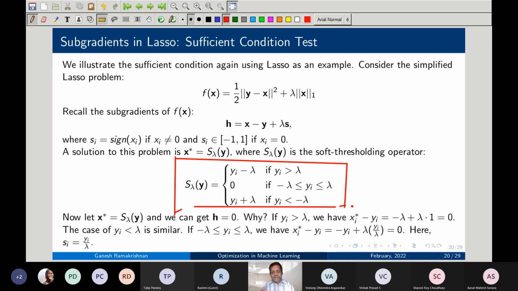Now you apply this iteratively in this proximal gradient descent algorithm. Any questions or comments? Any other comments?